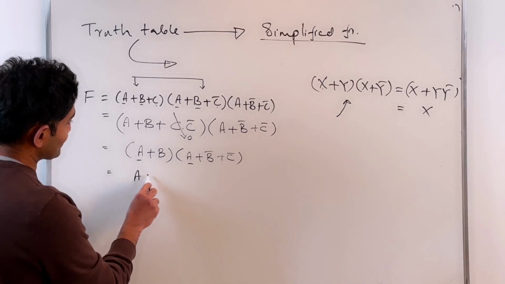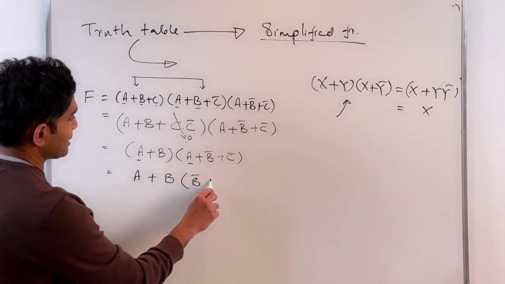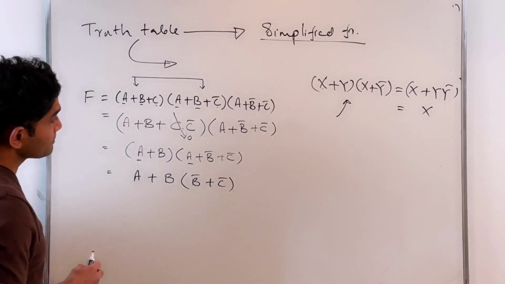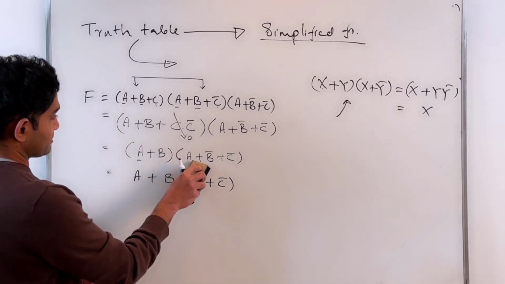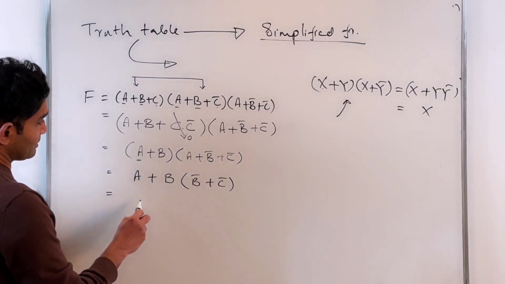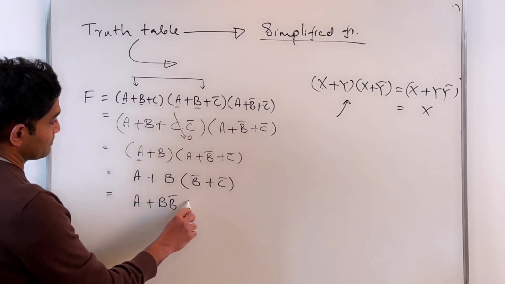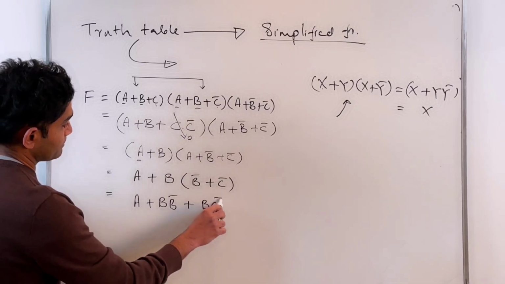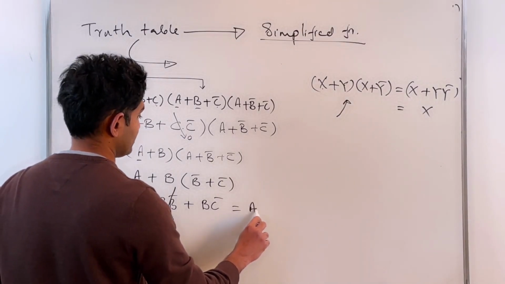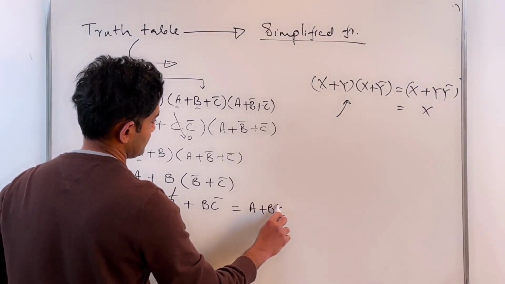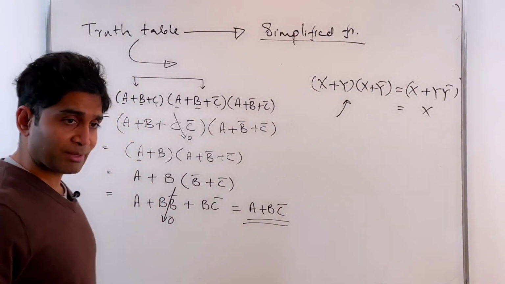I can probably write this as A plus B times B prime plus C prime. Do that, right? Using the same distributive law, I can probably write that. In which case, I get A plus BB prime plus BC prime. Again, BB prime goes to 0. I end up with A plus BC prime. Again, this is something that we started out with. So that's good. So you got the same expression.